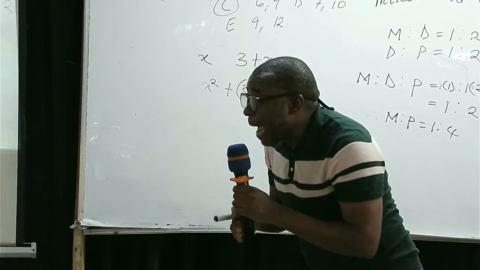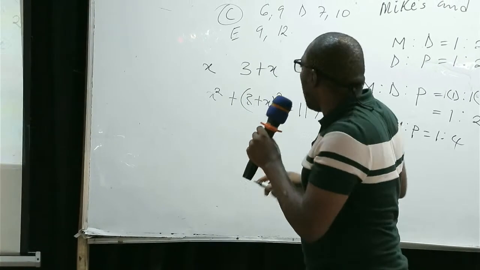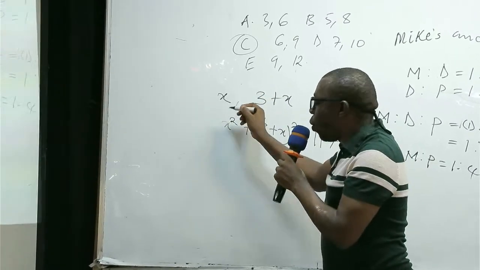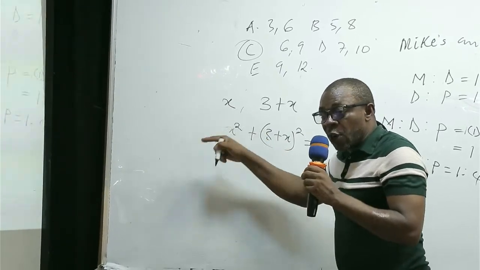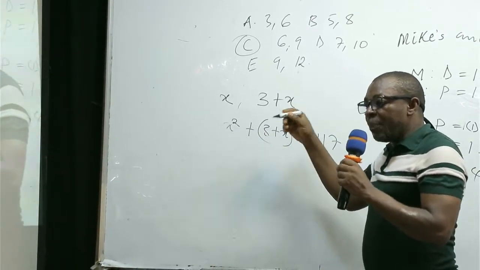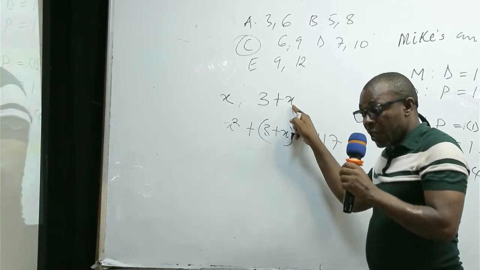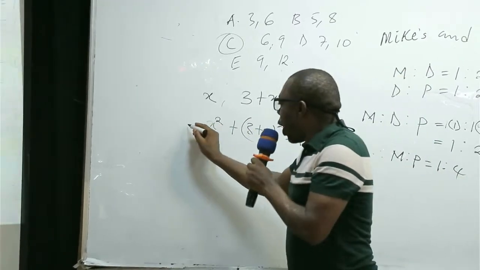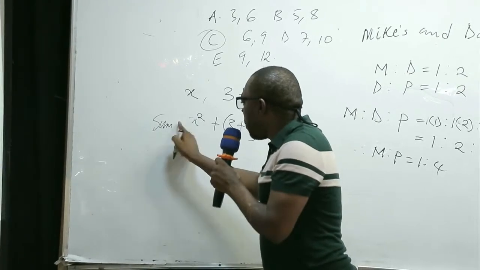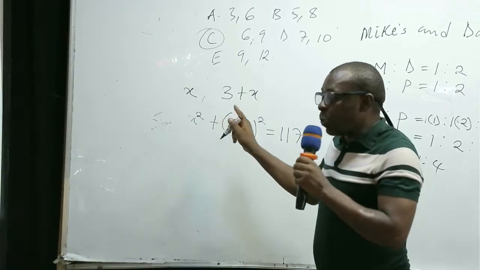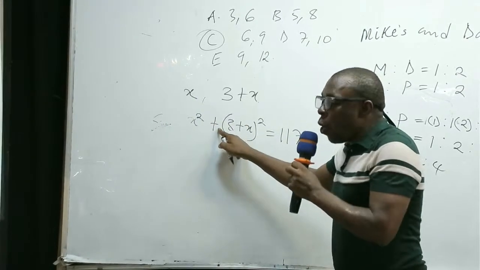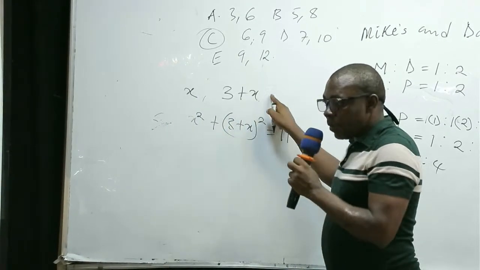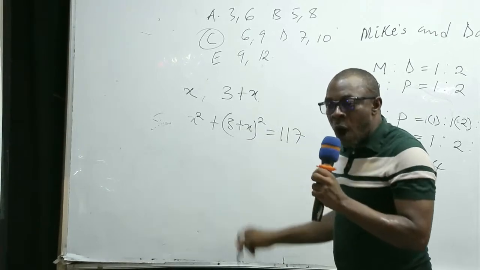They differ by how many? Let the small number be x. Since natural numbers increase, the bigger number will be 3 plus x. The sum of squares means x squared plus (3 plus x) squared.